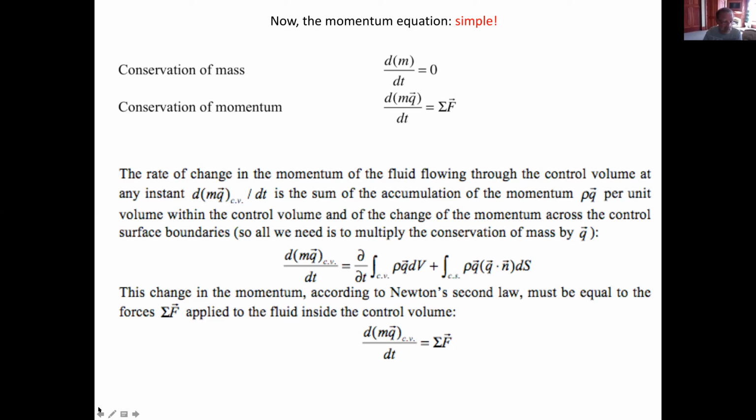Let me get the pen back. So this term, I mentioned that this is a change of quantities inside the control volume. It's exactly the same as what we did. So I can take this here and then do exactly the same thing that we did before. All I have to do is add Q here.